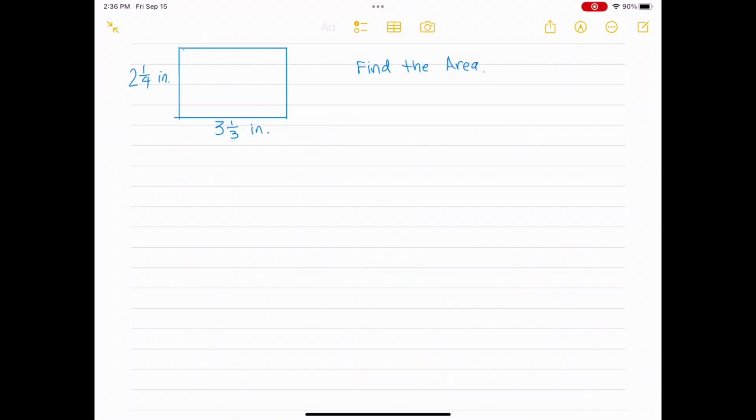Here we have a rectangle measuring 3 1/3 inches long and 2 1/4 inches in width, and we need to find the area. The area of a rectangle can be found by multiplying the length of the side by the width of the side. So in this case, 2 1/4 times 3 1/3.